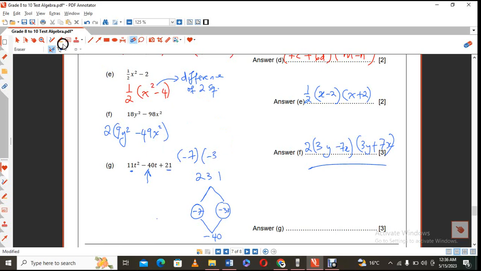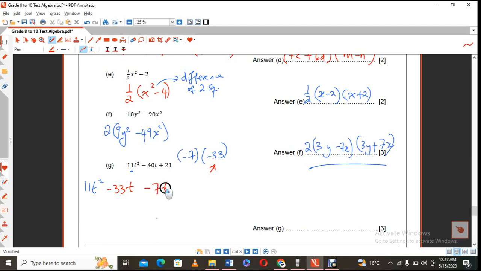All right, so again, trial and error. You should be familiar with the method of factorizing quadratic trinomials. So now that I have those two, I can now write this as 11t squared. Now here's the thing, the ones in the middle I'm going to split. I'm going to take minus 33t because it goes nicely with the 11, and then the minus 7t goes nicely with the 21.